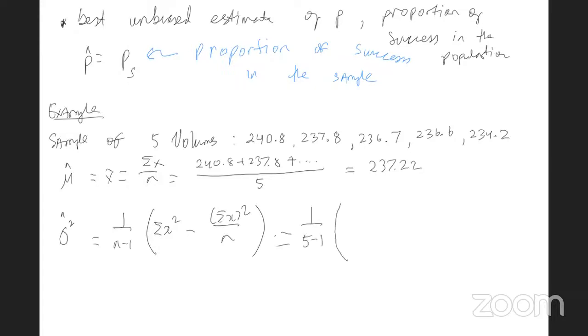Tell me what you get for the sum of x squared. I got 281,389.57. What is the sum of x squared? What is the sum of x? What did you get for the sum of x?